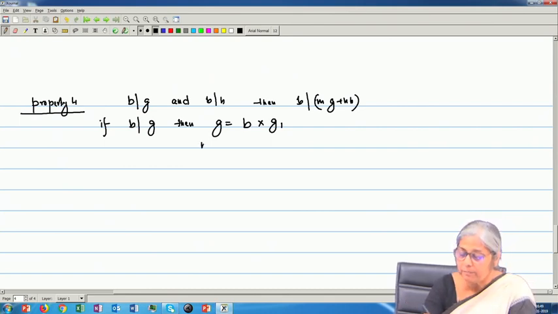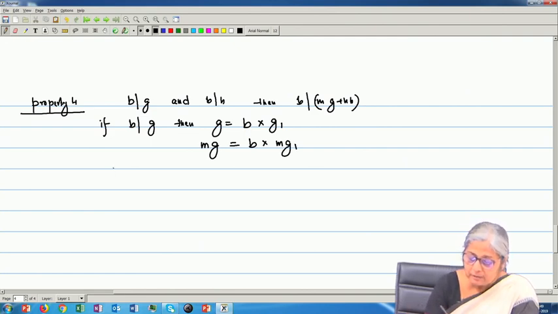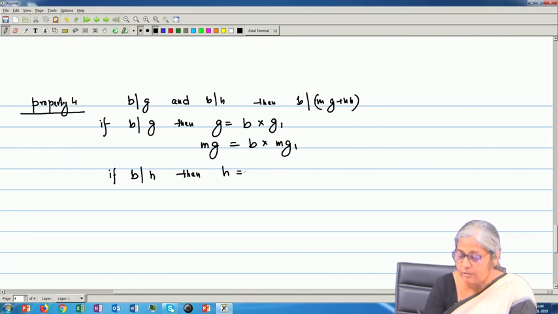So, if I multiply both sides by m, then m g is b into m g 1. Similarly, if b divides h, then h equal to b into h 1 and n h equal to b into n h 1.